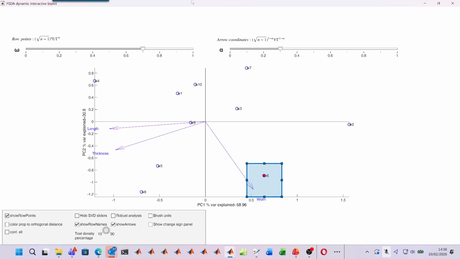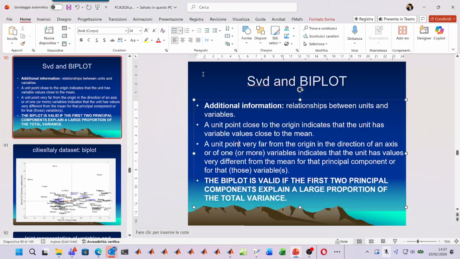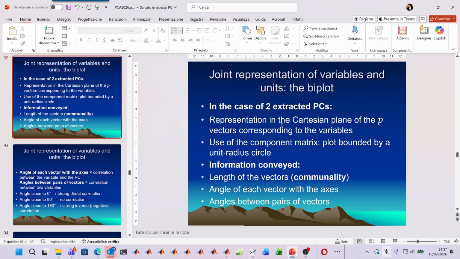On the other hand, W4 is in the opposite direction of the arrow, and therefore it has small values of width. These are all the things about the angle that make the game. If you have understood the angles, then everything comes out very easily. So the angle of the vector with the axis, we have already commented on.